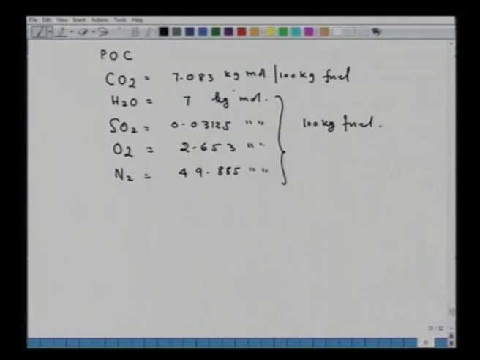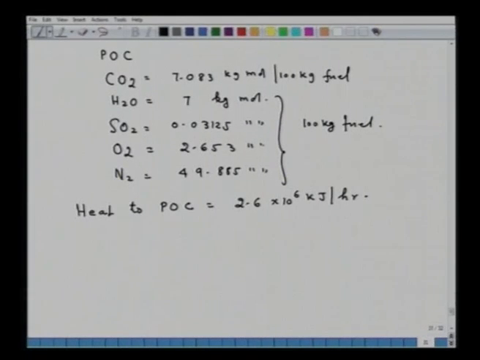So, what we have to do now? You have to multiply this kg mole with the heat content that I had already given you earlier, H 1500 minus H 298, for CO2 was 14,780. So, I multiply each value and sum the total, then I get heat to POC, which is equal to 2.6 into 10 to the power 6 kilojoule per hour.